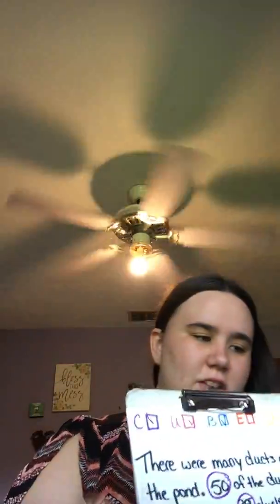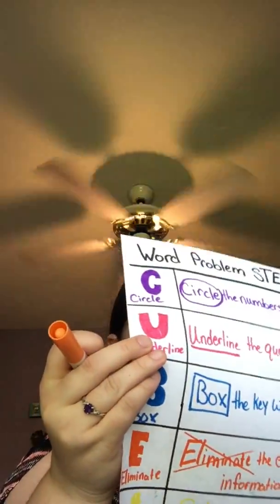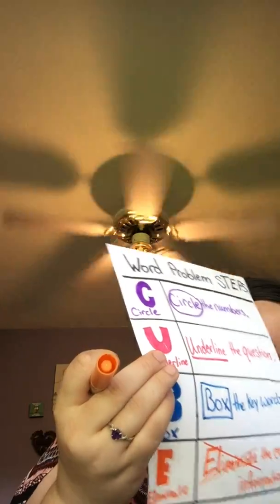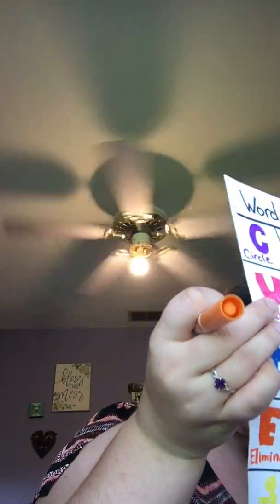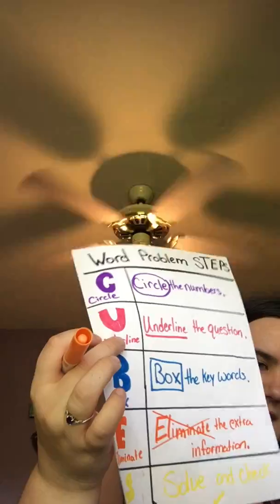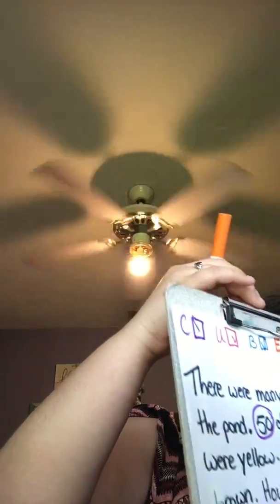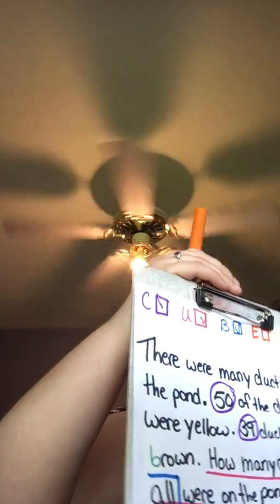All right, so now that we boxed in the keyword, what's our next step? That would be for B, box in the keywords, but what's the step underneath that? Eliminate. That means which sentence in here has no information for us, no matter what we have, it's just not going to help, so we cross out other information.